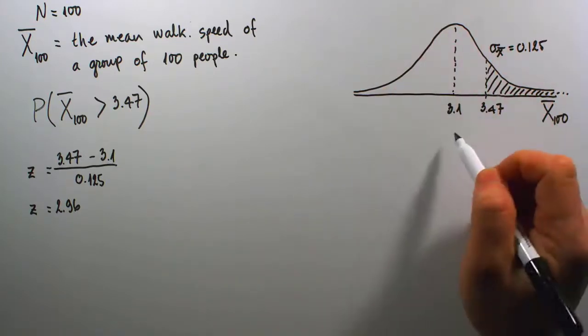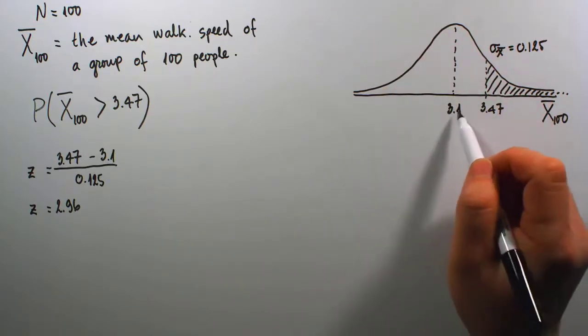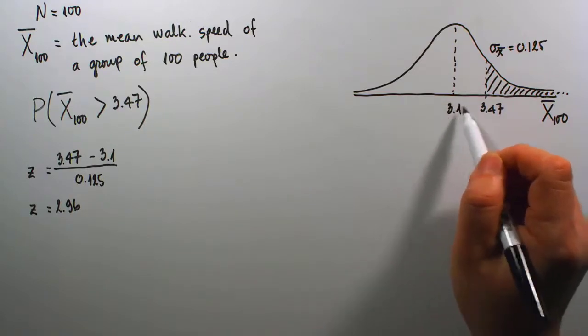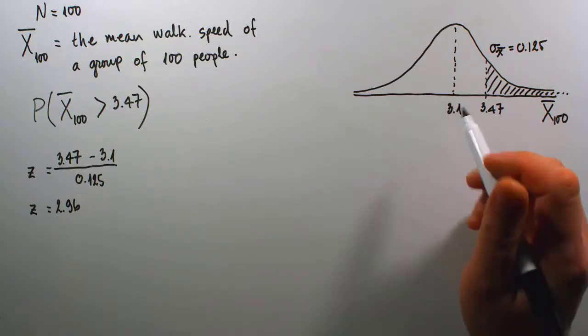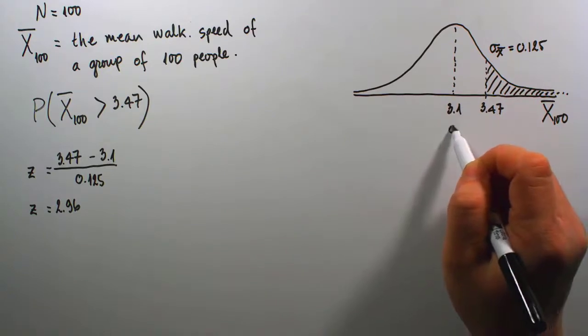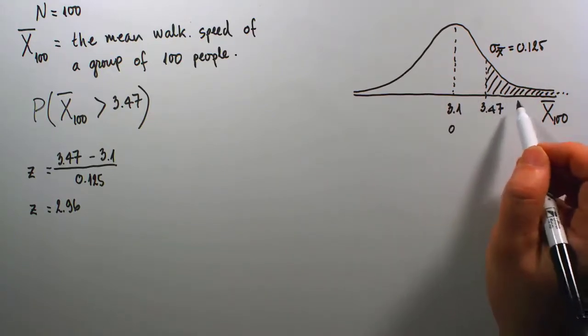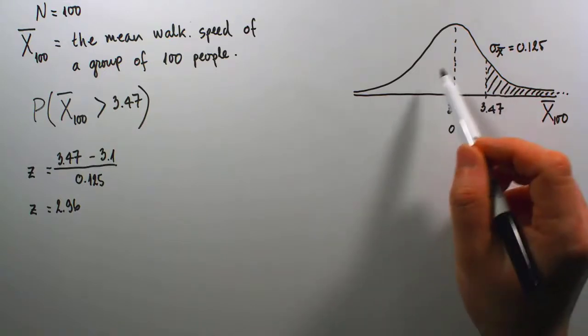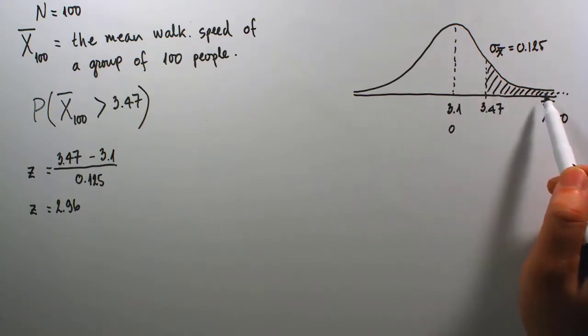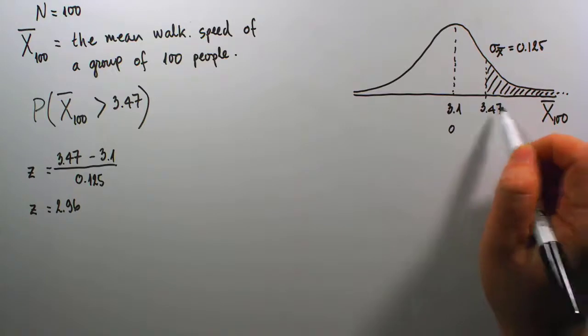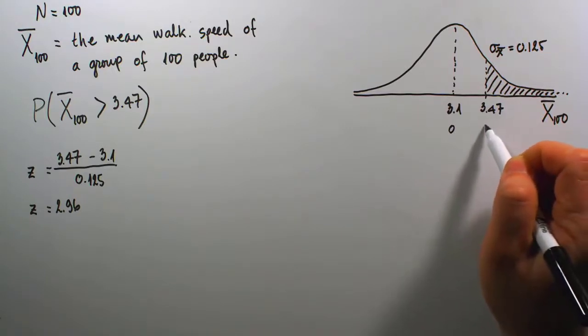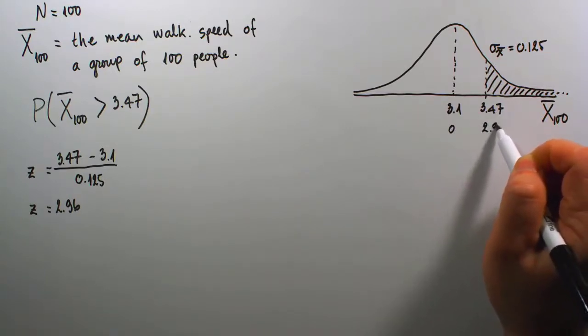And so once again, just a quick reminder, this center, if it was on the standard normal distribution, would be equivalent to z-score 0. And so our lower end of this current interval here, if it was on the standard normal distribution bell curve, would be equivalent to z-score 2.96.